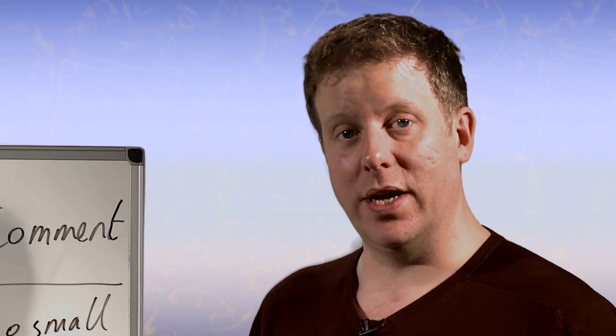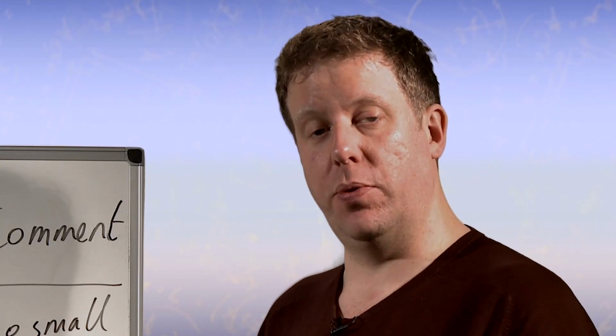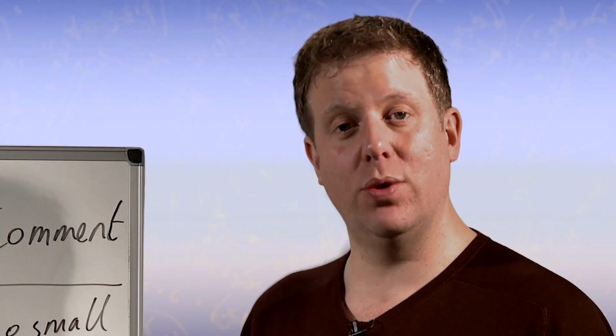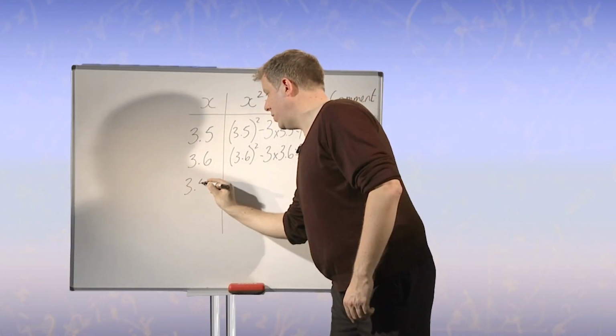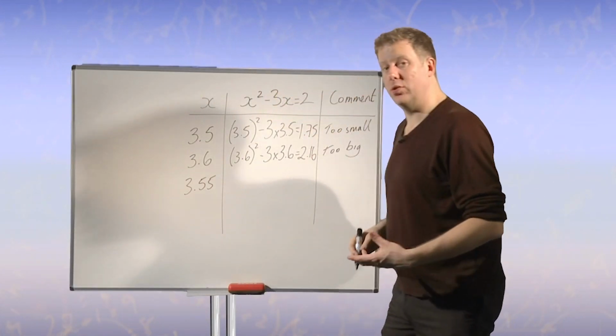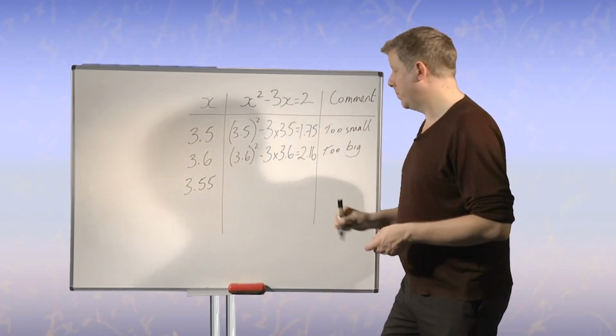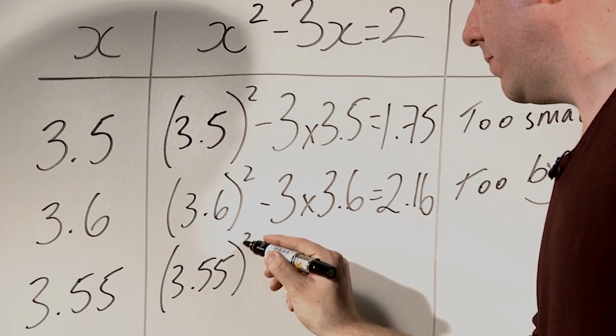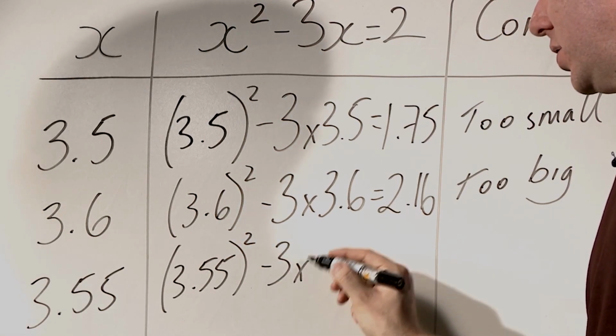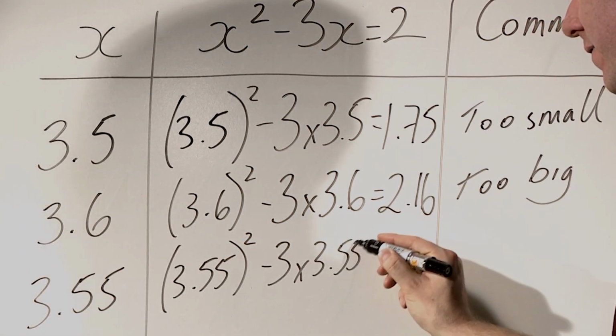Now, although in some questions you may be able to tell straight away which number is closer to the answer they want, it's always useful to put in this following line of working out to show the examiner you've completely understood the process. So what we're going to do is substitute in now 3.55, and this will tell us which one it's nearer to. 3.55 squared, subtract 3 lots of 3.55.